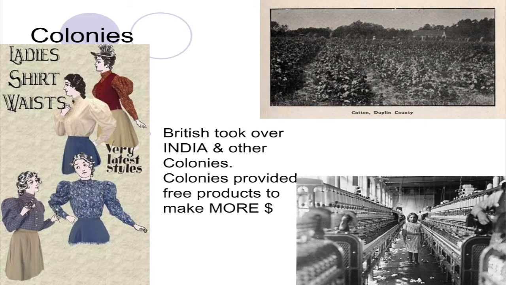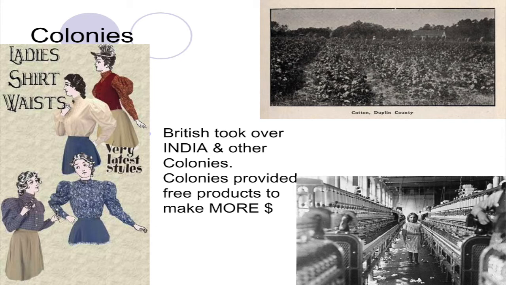Colonies are always taken over by a particular country. In this case, you have to remember that in the late 1700s, early 1800s, the country of England is going to take over other places in the world. India will be a very big example. They also went into parts of China, various parts of Africa, and we'll talk more about this when we get to the late 1800s.